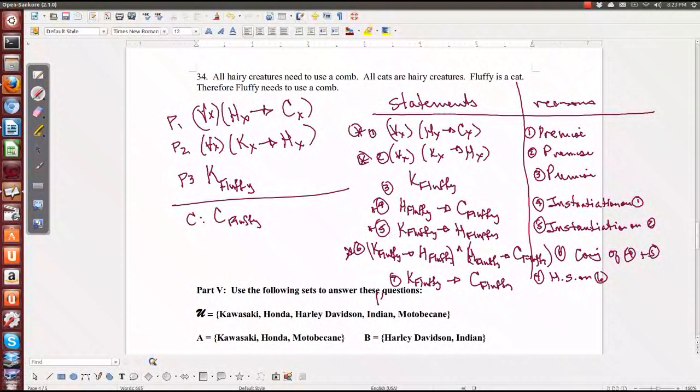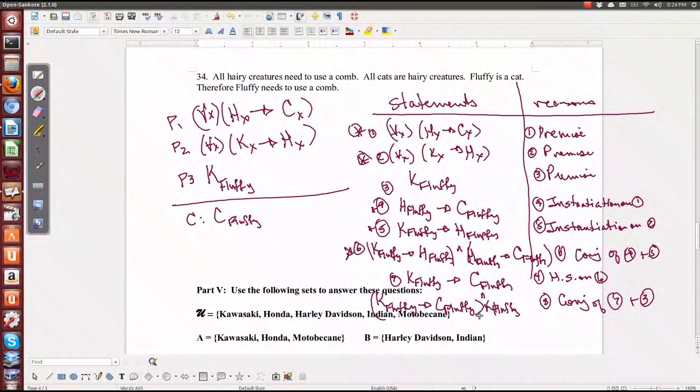So I've got K fluffy conditional C fluffy, and K fluffy, and that's the conjunction of statements 7 and 3.